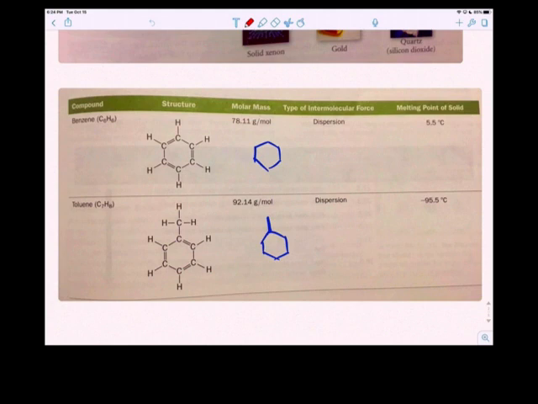Generally speaking, though, the more massive something is, the higher the dispersion forces. Why is toluene different? It has that kink in it. It has that extra edge, and because of that, it's harder for toluene to form a really good network solid, whereas benzene, it's easy. It's a honeycomb. It's a hexagon. It can really link together very well.